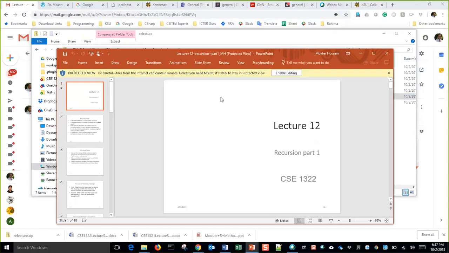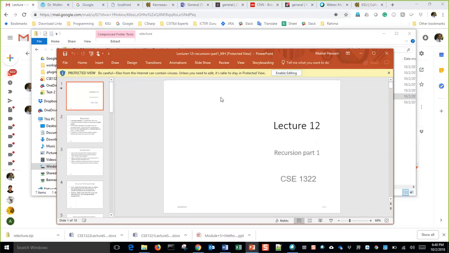So when we calculate factorial, we know our lower bound is 1, right? Because factorial 0 is 1 and factorial 1 is 1. So we will set up, if n is less than or equal to 1, that means n is either 0 or 1.